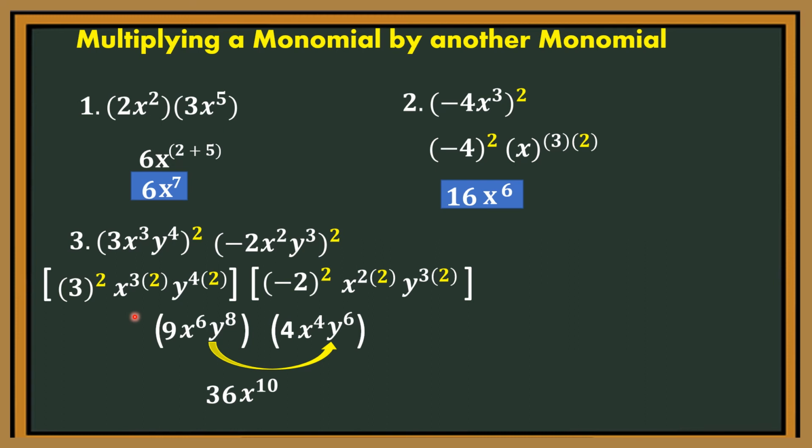Next, since they have the same variable, that is y, you just copy and add their exponents, that is 14. So y raised to the 14th power. So we will have now 36x raised to the 10th power, y raised to the 14th power.